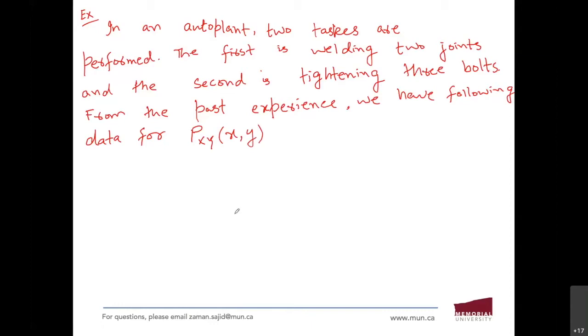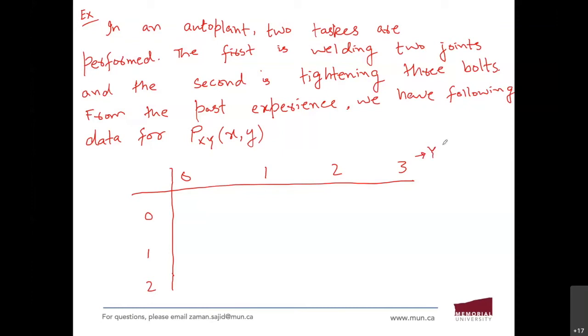Now, folks, I'm going to draw a table here, then I will explain how we read that table. This top is what we call y.